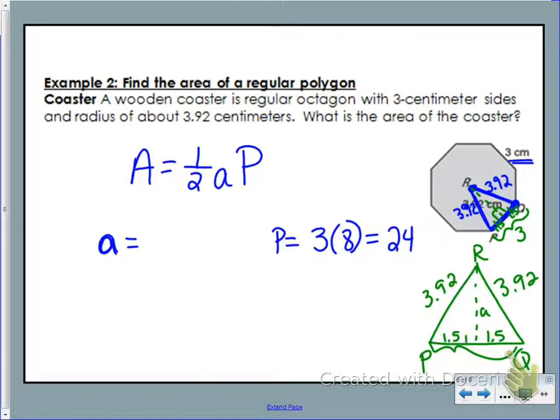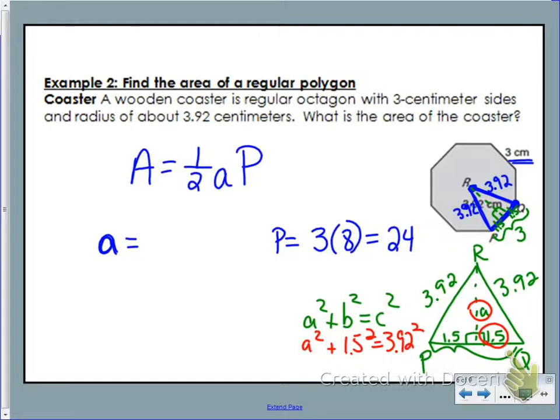Knowing the apothem makes a perpendicular with the side length, I want to find A. So I'm going to use part of this triangle and Pythagorean theorem. A squared plus B squared is equal to C squared. Well, my legs are the apothem and the 1.5. So A squared plus 1.5 squared is going to equal the hypotenuse squared, which in this case is 3.92.